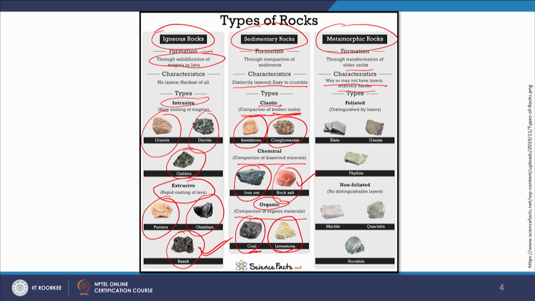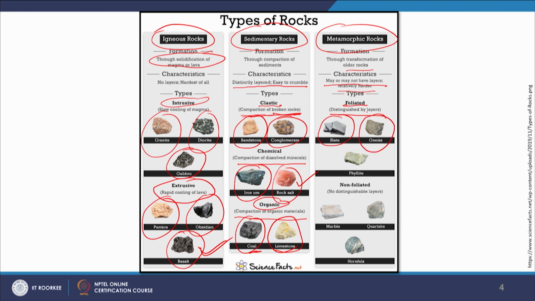Here the layers we call foliations, and generally the foliation is very thin compared to the beds or layers we see in sedimentary rocks. A very good example of these foliated metamorphic rocks is slate, which is used in hilly areas as building material for covering roofs, and in our childhood we also used slates to write on.